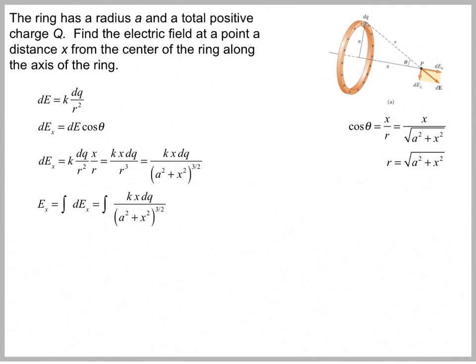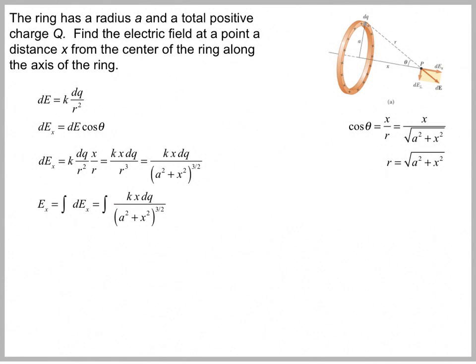So then the total electric field in the x direction is just the integral of dEx. So it's going to be the integral of kx dq over (a squared plus x squared) to the 3/2 power. So now, how do we do this? Well, let's look at this integral really carefully. What is constant in this integral?